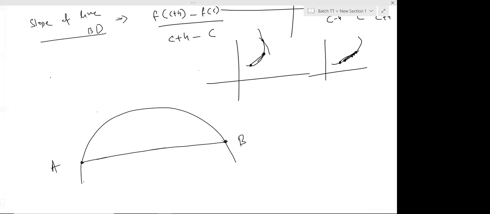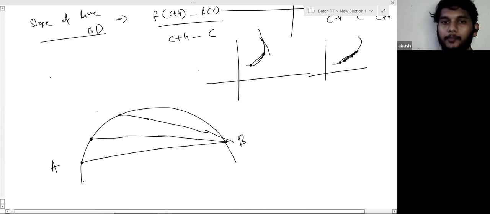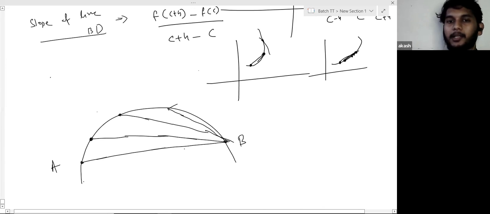Yes, sir. Now let's move this A towards B on the curve, right? So now this line becomes like this. If I move a little bit closer, then this becomes like this. So you can see the distance between this curve and this line is becoming less and less, right? Yes, sir. The line is shifting upwards. So if I draw A here, this line becomes like this, so look at the distance, right?